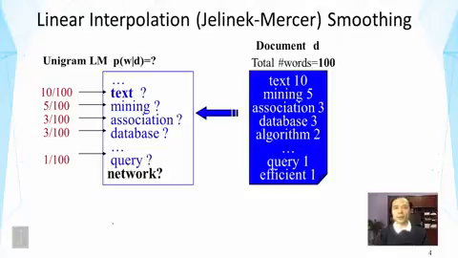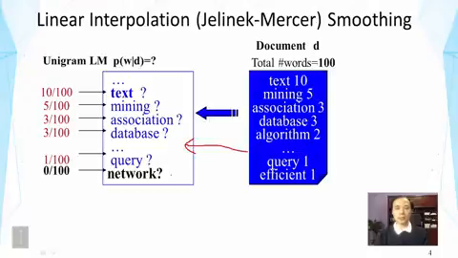So the idea is actually very simple. This picture shows how we estimate document language model by using maximum likelihood estimate that gives us word counts normalized by the total number of words in the text. The idea of using this method is to maximize the probability of the observed text.